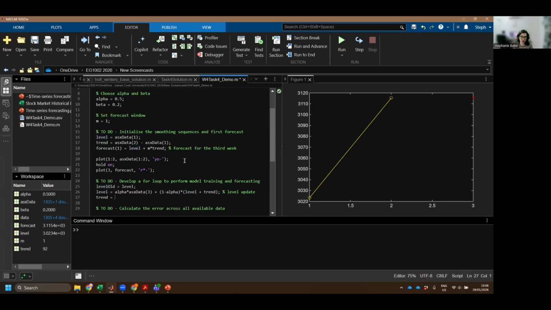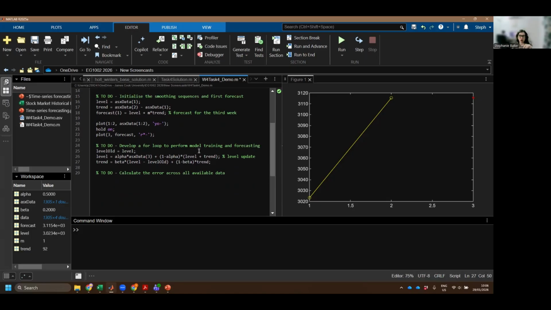And then when I update my trend, I'll have beta times our level minus our level old plus 1 minus beta times our previous trend. So we don't need to create copies of trend because we're not replacing it until we're finished using it, if that makes sense. So that's to do our update equations.